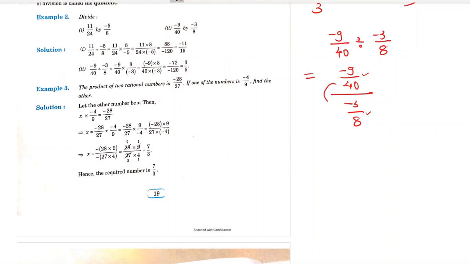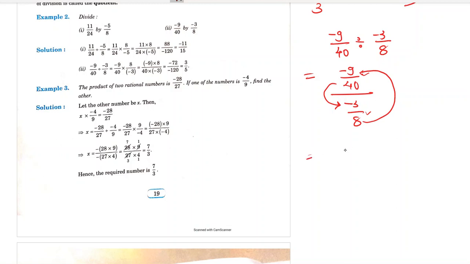So you multiply this 40 with minus 3, you multiply the denominator of the numerator with the numerator of the denominator. Sounds very confusing, right? But look at the arrow, remember the arrow, and you multiply this 8 with minus 9. So this is what you should always remember, right?